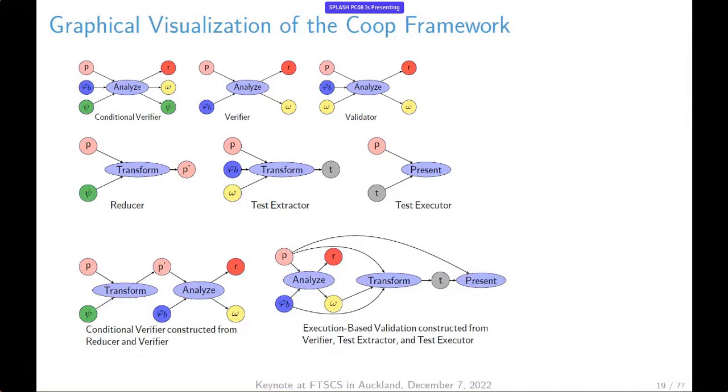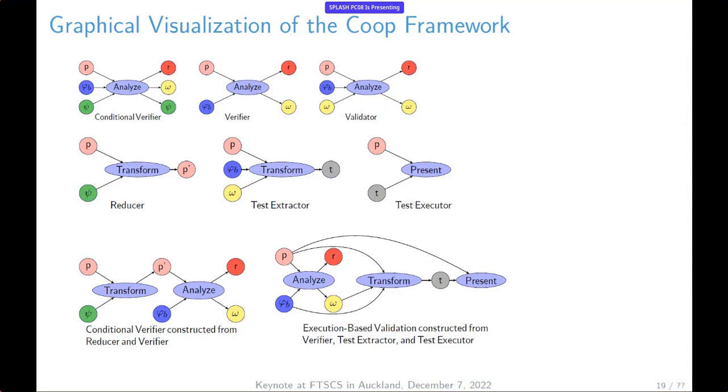A verifier is an analyzer that takes as input a specification and the program and spits out a result and a witness. A reducer is a transformer that takes as input a program and a formula that describes what should be reduced, and the output is a new program that is reduced in a certain manner. And so, for example, we can combine tools.